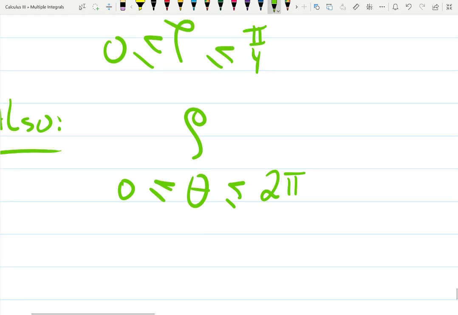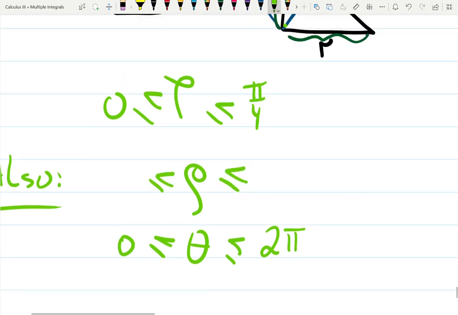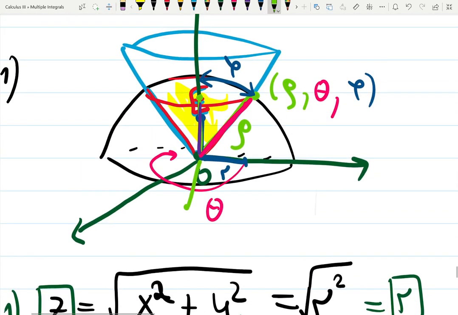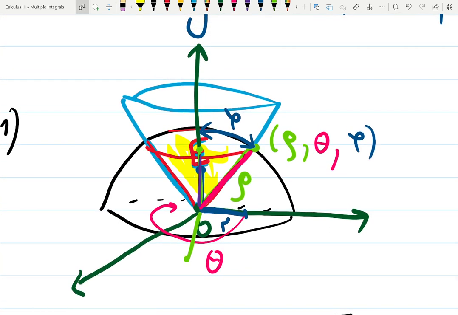Now the radius, the radius in 3D. How far does it go? You might think it's going over here. No, it actually stops at this intersection. So we need to know how far this intersection goes. Here, this is my rho over here.